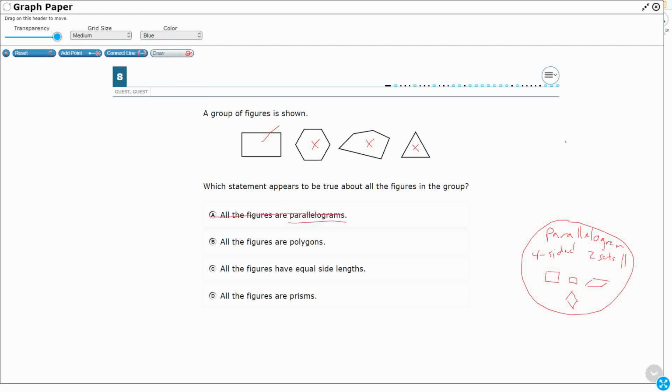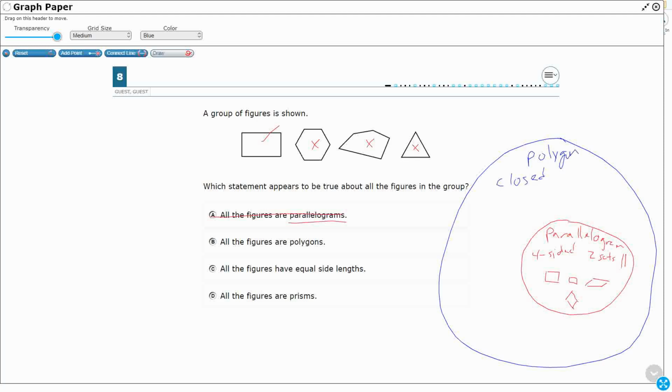Well, a polygon is much bigger than a parallelogram. A polygon is a shape that is both closed and has straight sides. So inside the polygon would be parallelograms, right? And parallelograms actually exist in a little bit larger circle, quadrilateral. So we have four-sided shapes, a lot of which are parallelograms, but not all.